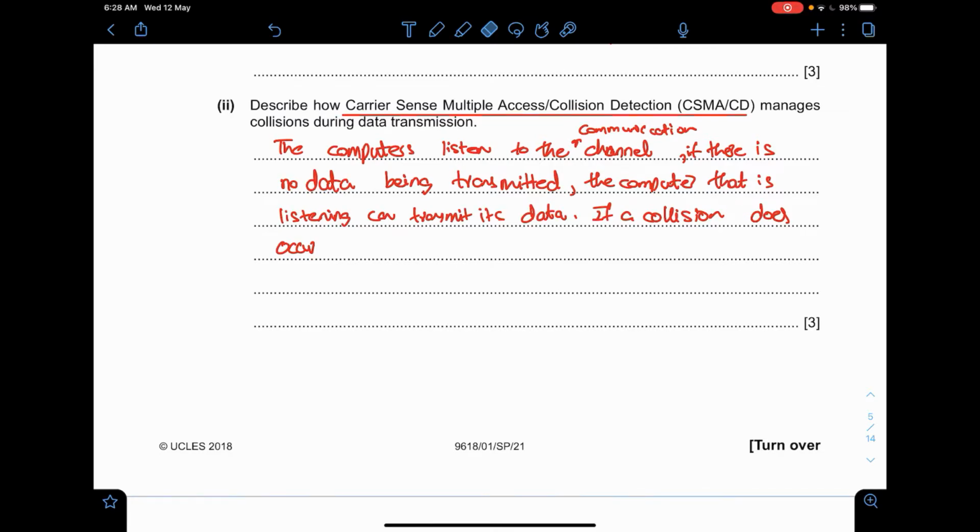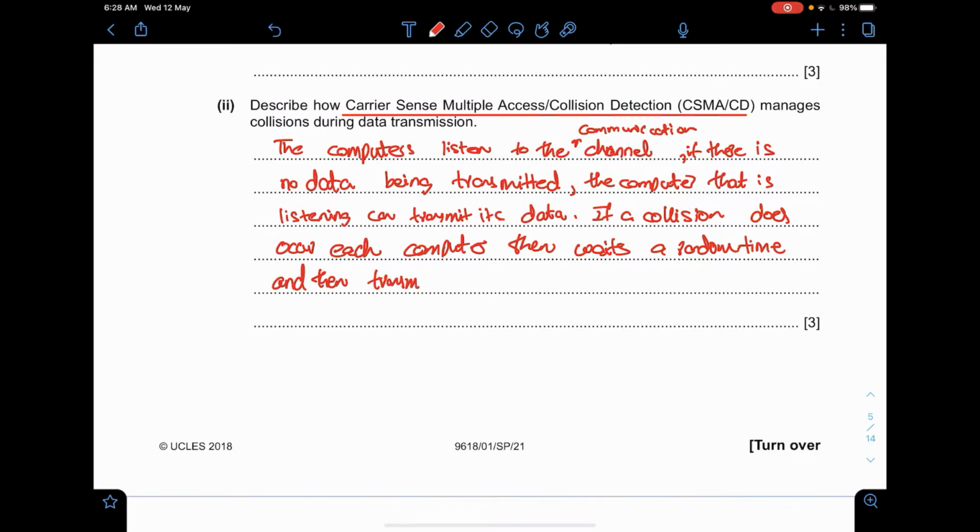So if a collision does occur, each computer then waits a random time and then transmits their data again. So this is how this works. So this was for 3 marks.